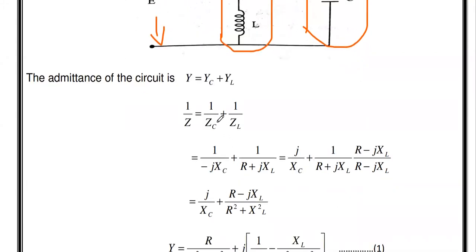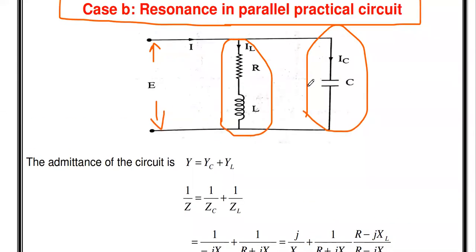Here we have to substitute the value of ZC. What is the impedance of this capacitor branch?